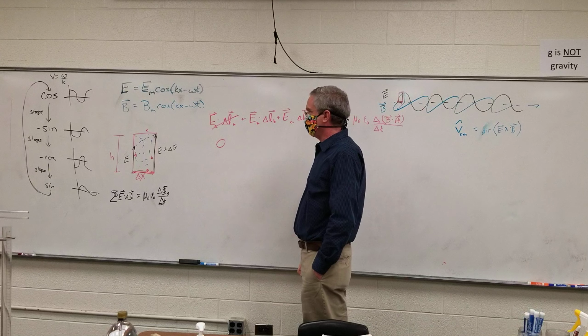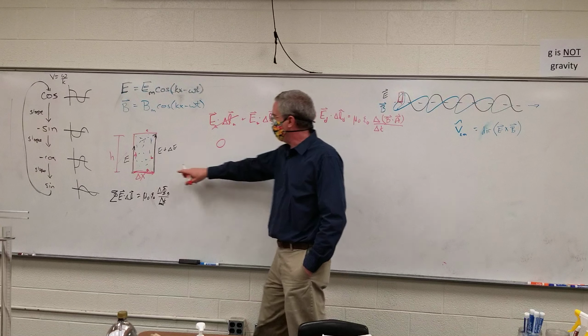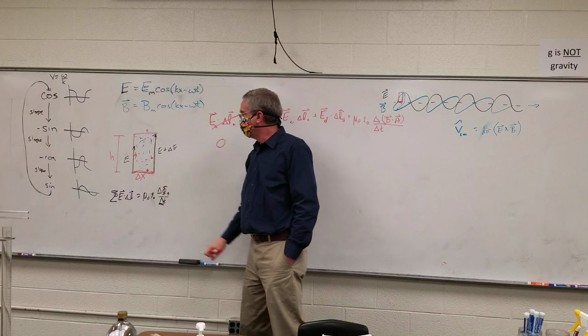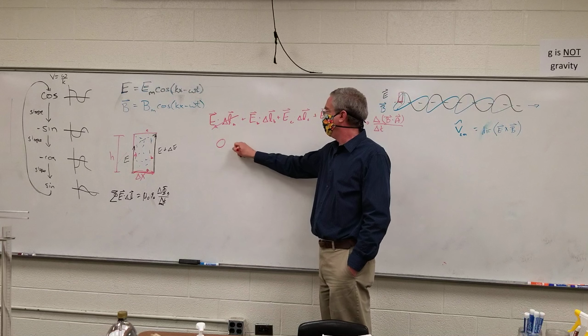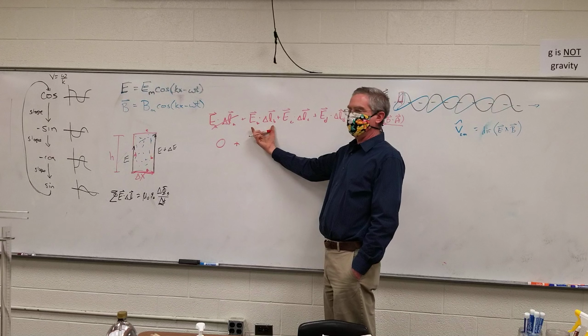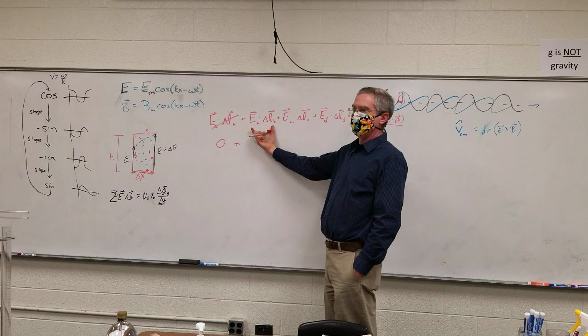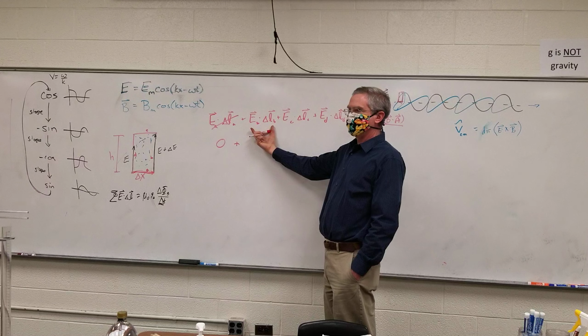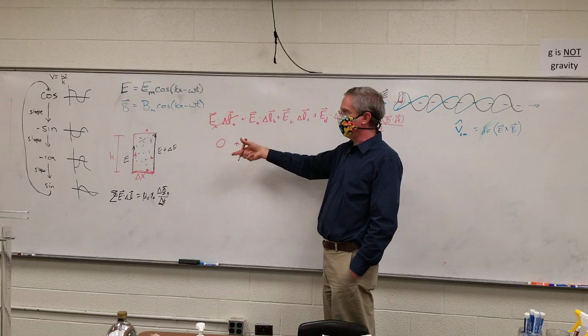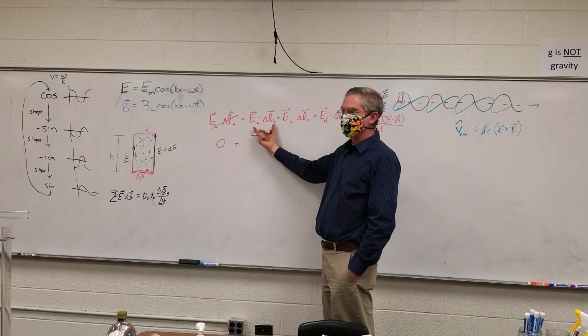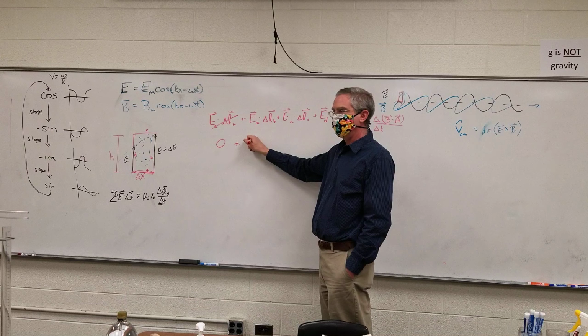Along the next path, I'm now moving up. What would this be? L is just like the length, right? What is L? The length of my rectangle. So, E, and then B, they're in the same direction, right?